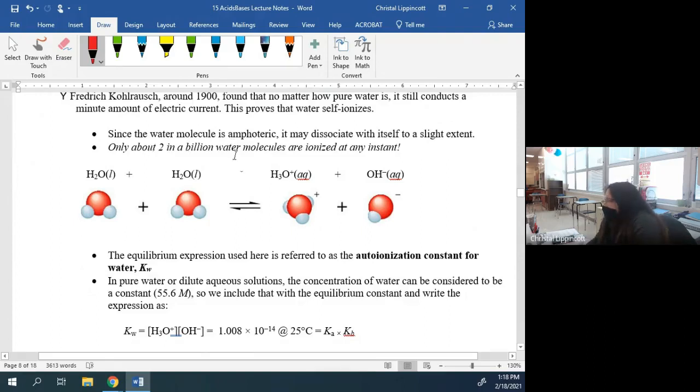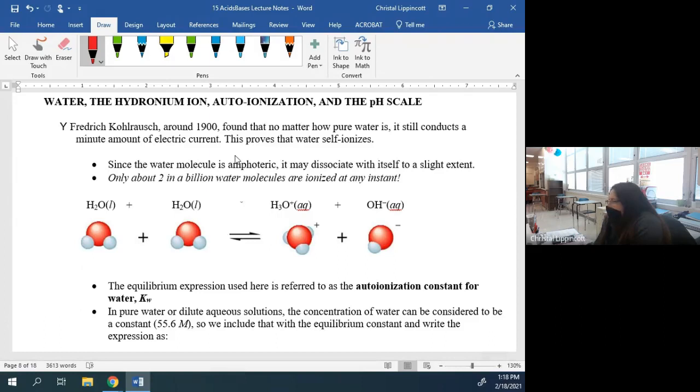It has a small, minute amount of electricity that it does conduct. But we're talking about a really stupidly small amount of current. Small, but technically, it does.